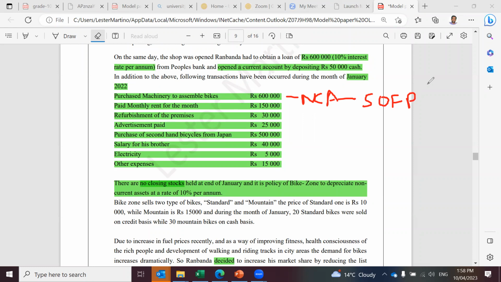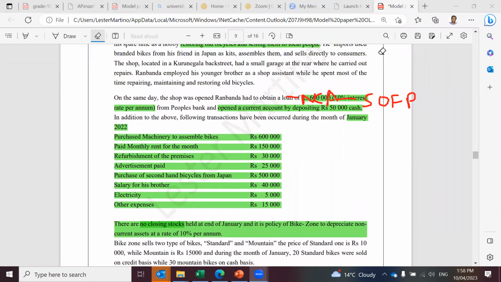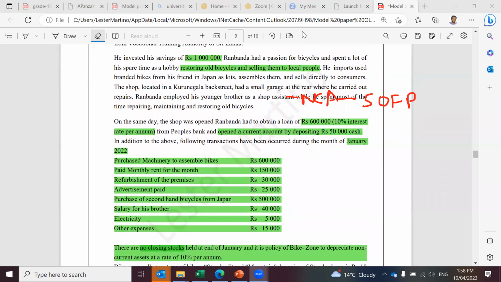Okay. And someone asked another question. This 50,000 is neither expense nor revenue. The money kept in the drawer is taken and put into the bank account. Is it an expense? No. Is it a revenue? No. It's just an asset. It's replacing cash into bank. That's all. So have a thorough knowledge, okay?